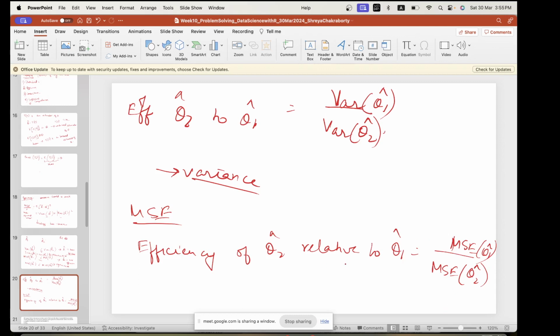If efficiency is greater than 1, it means the efficiency of theta 2 relative to theta 1 is greater than 1. It means the efficiency of theta 2 is more than that of theta 1, because the corresponding MSEs or variances are lower. Alright.